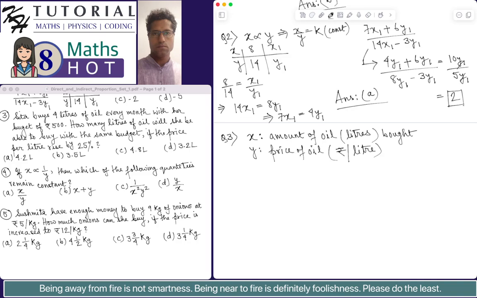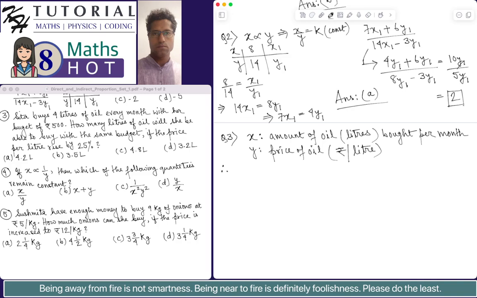So these are the two quantities we need to consider to solve the problem. X is the amount of oil bought per month, and Y is the price of oil per liter, that is rupees per liter.